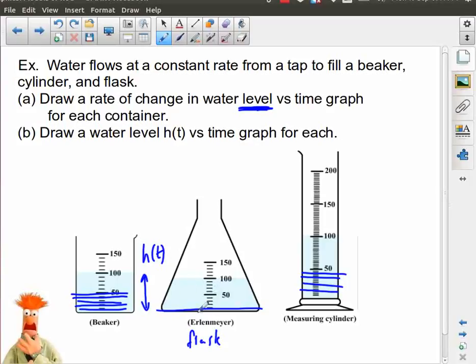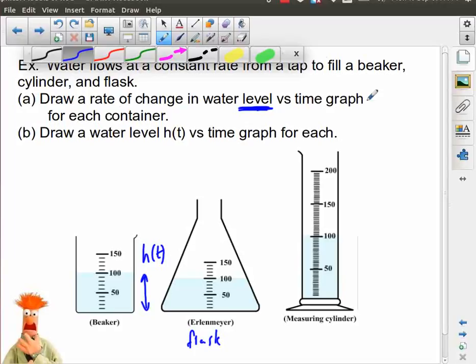So how can we take what I just described there, how can we turn that into a rate of change or just a graph of h versus t? Now technically, whatever you're comfortable with, you could start with the rate of change, you could start with h as a function of time. I think I'm going to start with rate of change.